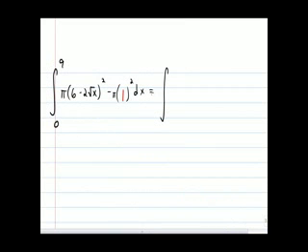I'm just going to take the pi out and put it out front. I still got my 0 to 9. I've got my 6 minus 2 square root x. I'm waiting for somebody to say, hey, go back to the prompt. What did they say? They said don't evaluate it.